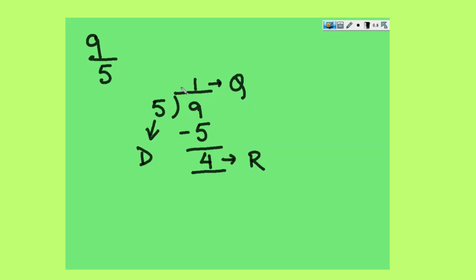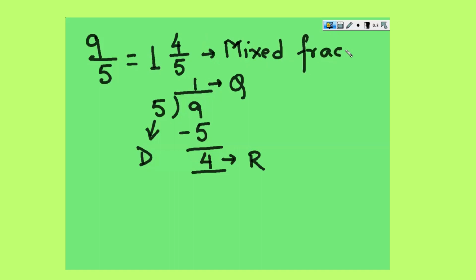So we give an equal to sign over here. We write down the quotient 1, the remainder over here, and the divisor like this. So this kind of fraction is called a mixed fraction. We will do more examples and find out.